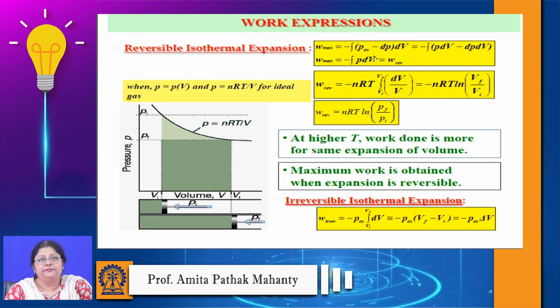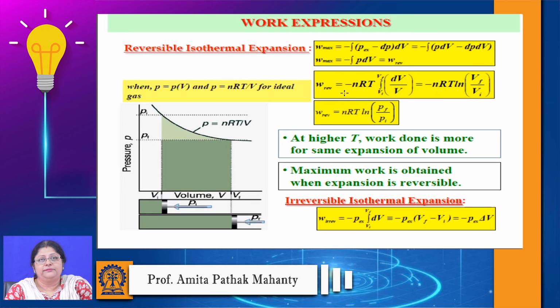And if it is an ideal gas, you can replace P by nRT by V, and with dV by V you get an expression with the ln term: minus nRT ln V2 by V1, or V final by V initial. At high temperatures, the work done is more for the same volume of expansion.